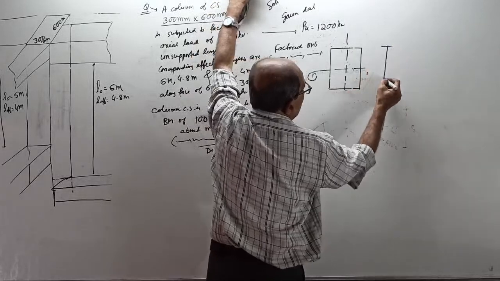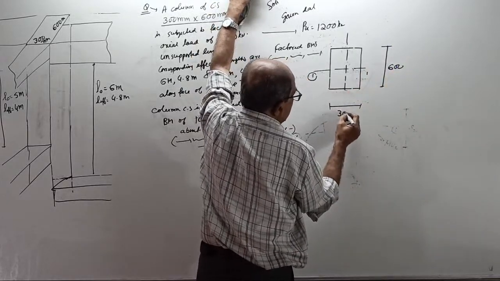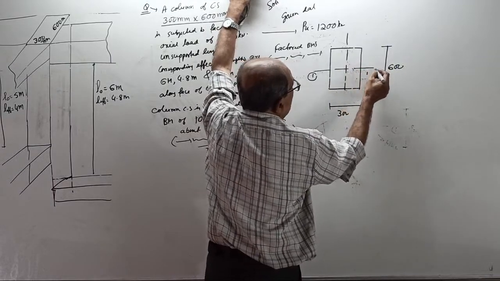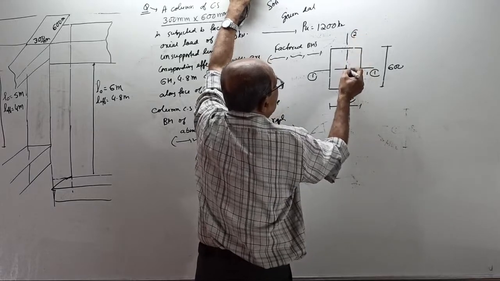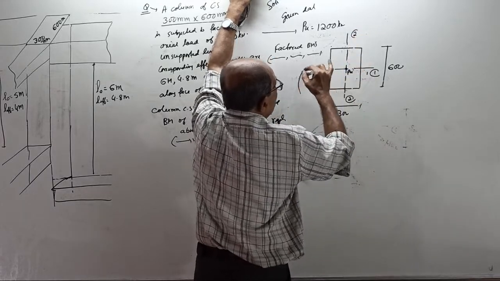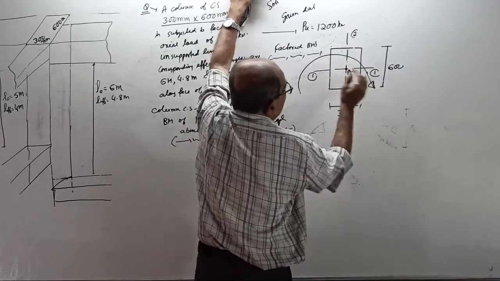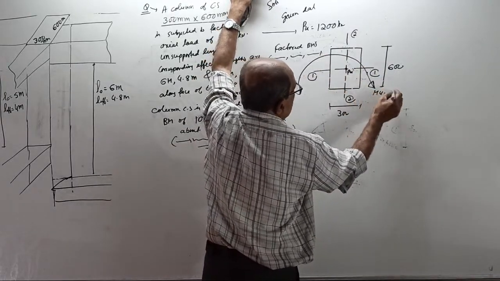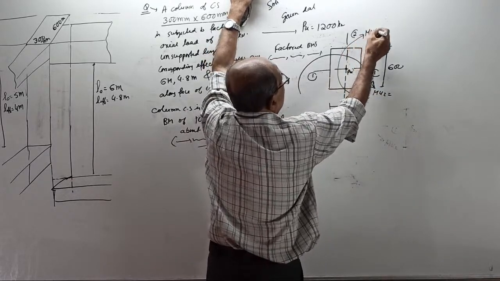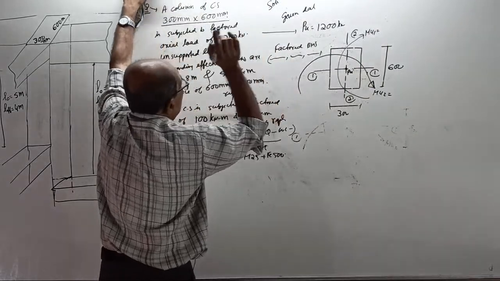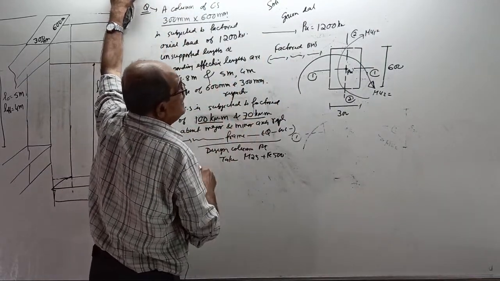This is your 600. This is your 300. Now, this I will call 1. This I will call 2. Pu is here. Tell me, what is the BM as per their statement? This is your Mu2, and this is your BM Mu1. Tell the answer. They told about major 100, about minor 70.